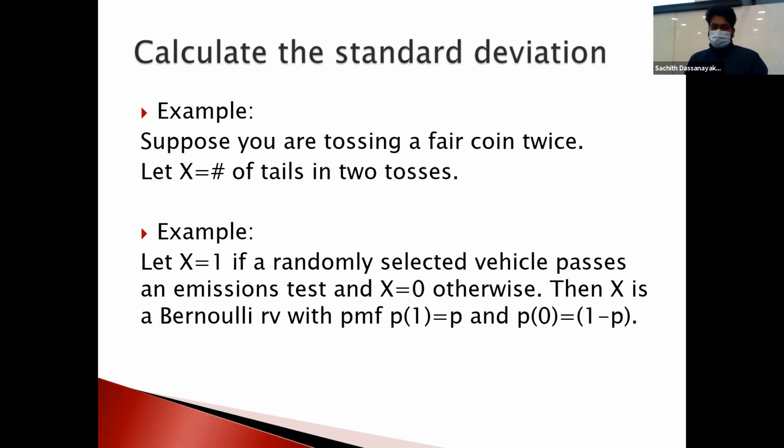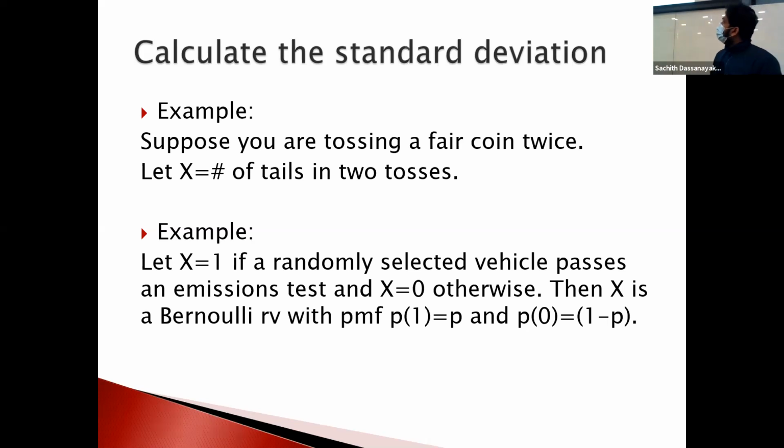Another example. A randomly selected vehicle passes its emission test. We say it is a success, denoted by X equals 1. Or it failed, which means X equals 0. Success or failure, so there are two values. We call it a Bernoulli random variable since it has two values.